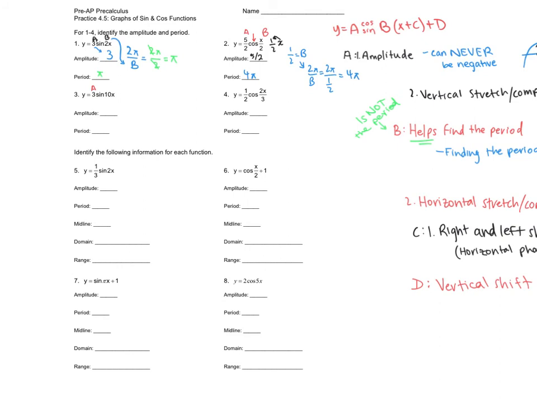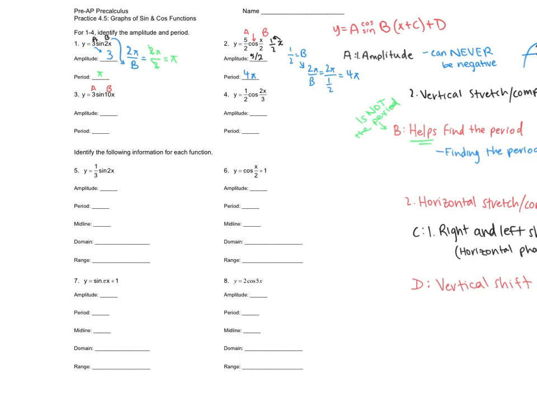It's directly in front. Now, what's directly after our sine or cosine is 10, so we can assume that 10 is our b value. Now, in this case, there is no c or d value because it would be x plus something, so we can assume they are 0.